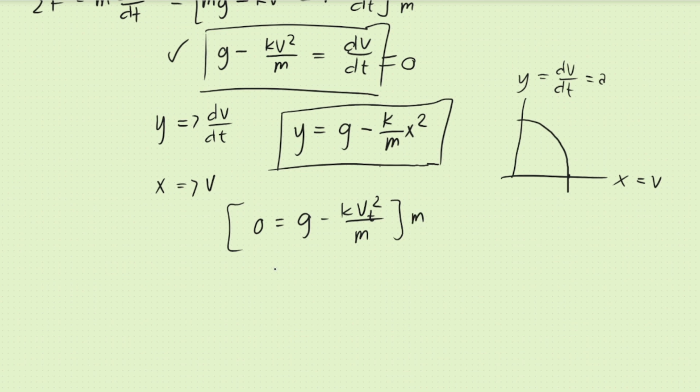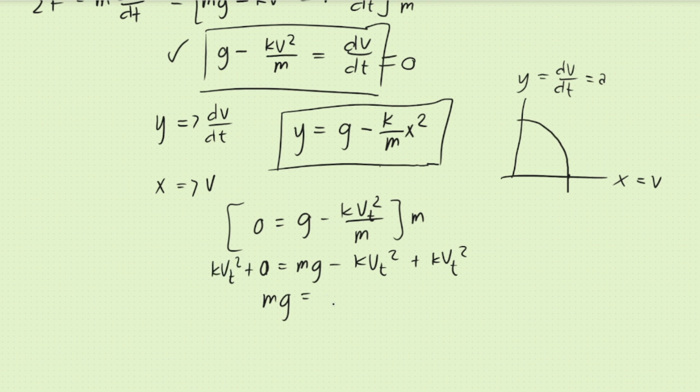We multiply both sides of the equation by m. 0 times m is 0. g times m is mg, minus kvt squared. Add kvt squared to both sides of the equation.